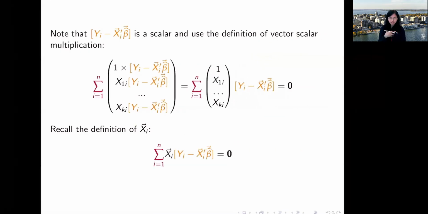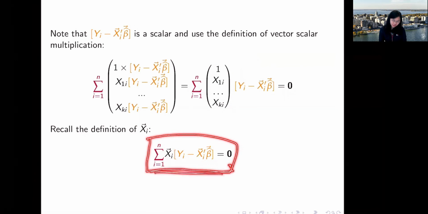So we can use that notation and write that as xi vector times this residual equals 0. So we have written the first order condition equation system into this form. This is a lot shorter than before. This is a very simplified form of the first order condition, and that's going to lead to our solution.